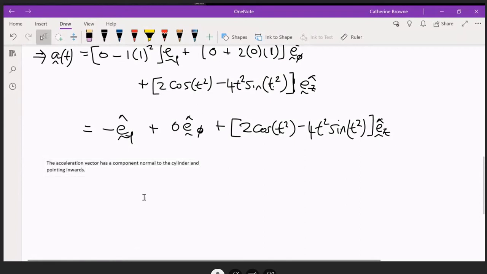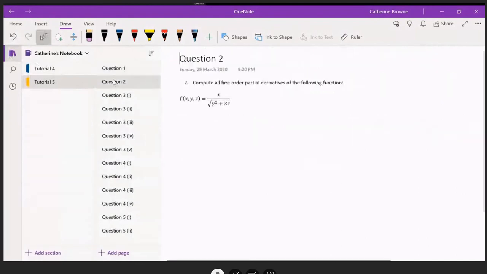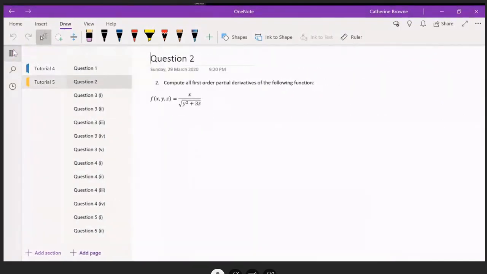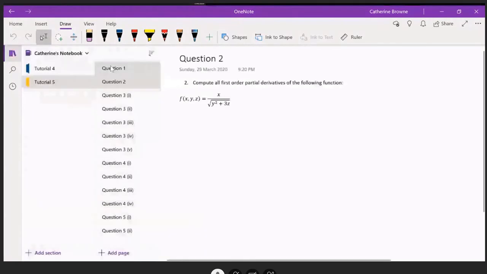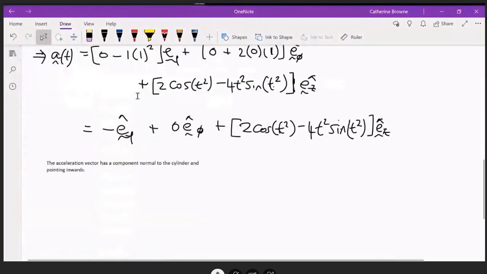Did anyone have any questions about that first question? I'll move on then. Sorry, can you just help me to review about the velocity? How to just calculate the velocity about the derivative?